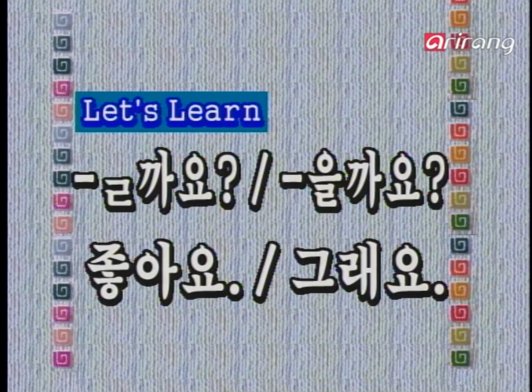Well then, let's get a check of the expressions in this lesson. A key expression we'll learn is how to add 리을까요 or 을까요 to verbs to put in sentences suggesting something to a person. We'll also learn how to agree with someone's suggestion with the expressions 좋아요 or 그래요.